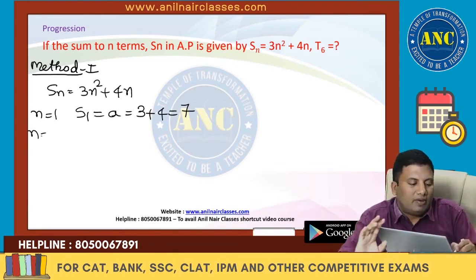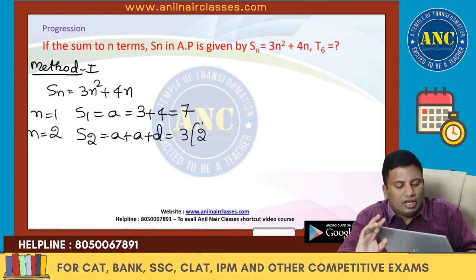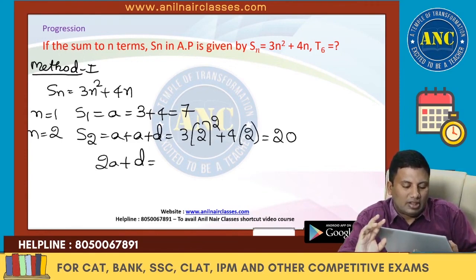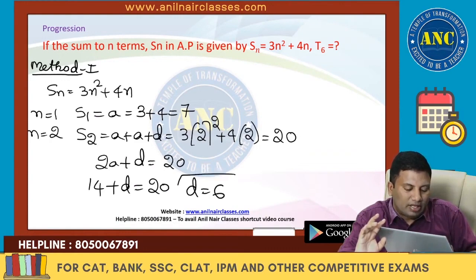If I put n value 2, sum of two terms, first term is A, second term will be A plus D, which is 3 into 2 squared plus 4 into 2, which is 20. So 2A plus D is nothing but 20. That is 14 plus D is 20. D value is nothing but 6.